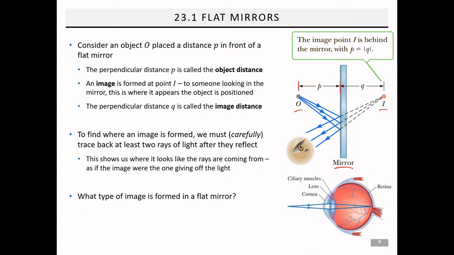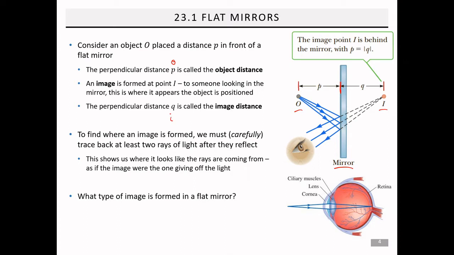We define the distance from the image to the mirror as q, the image distance. Sometimes in other literature you will find the object distance labeled as o and the image distance labeled as i.